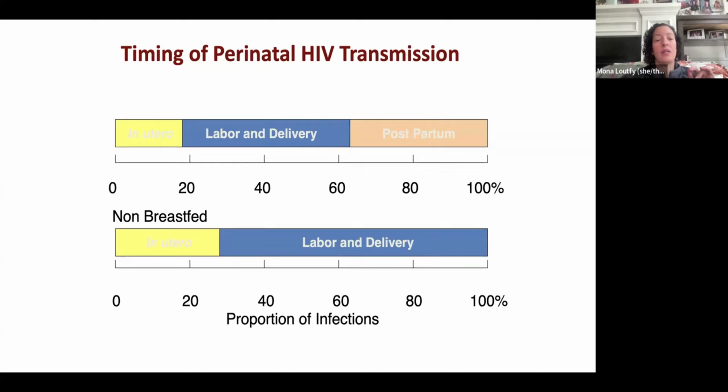Only 20% of the infections of HIV from the pregnant person to the fetus, which is called in utero, happen that way.